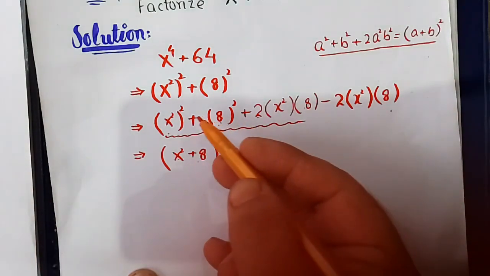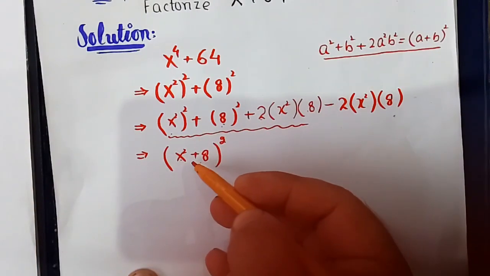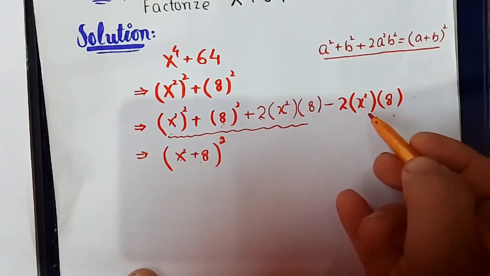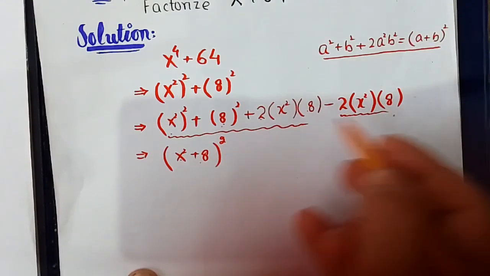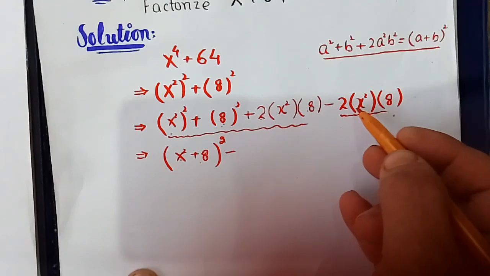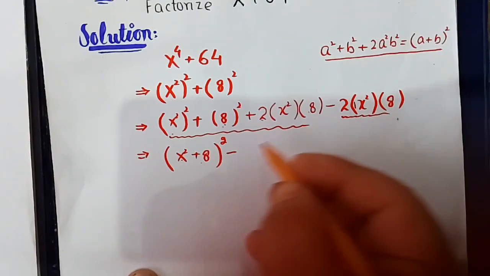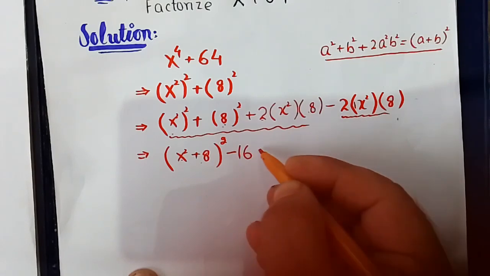So these three terms can be converted into x square plus 8 whole square. And what about that? It can be calculated as 2 ones are 2 and 2 eights are 16, so minus 16 x square.